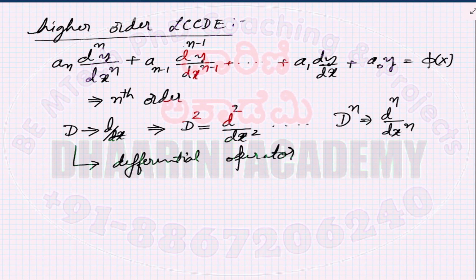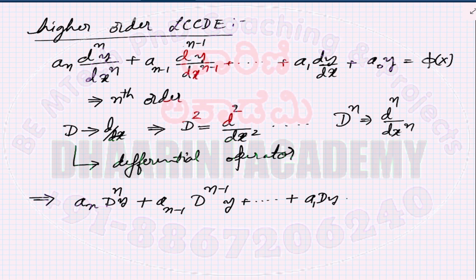So we use the differential operator to replace this. After the replacement, we get an capital D to the n y plus a n minus 1 capital D power n minus 1 into y, plus a1 capital D y plus a naught into y.